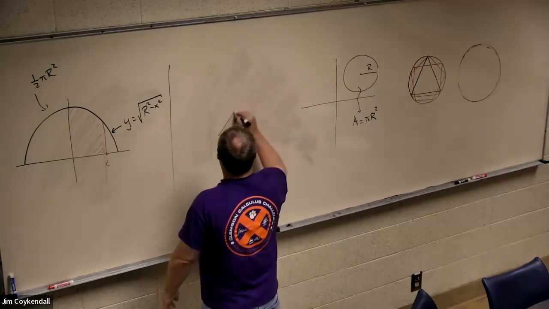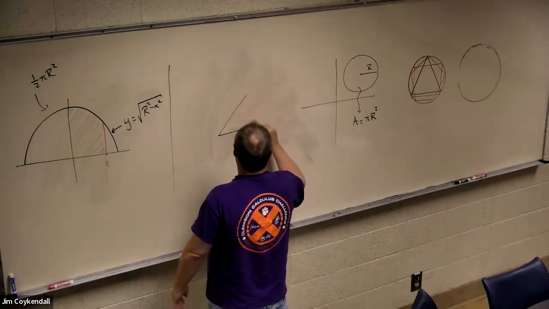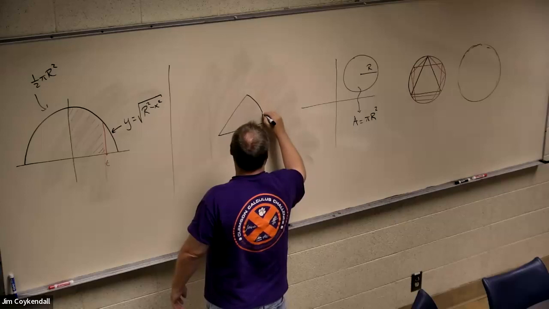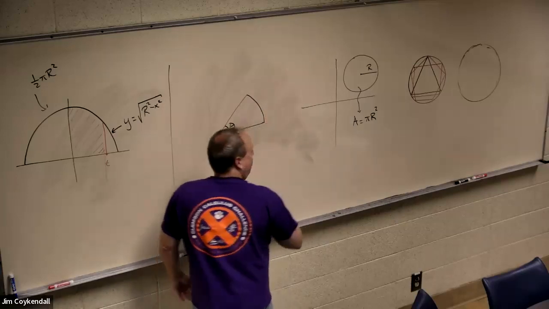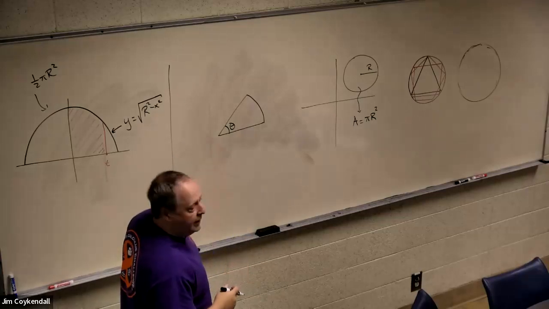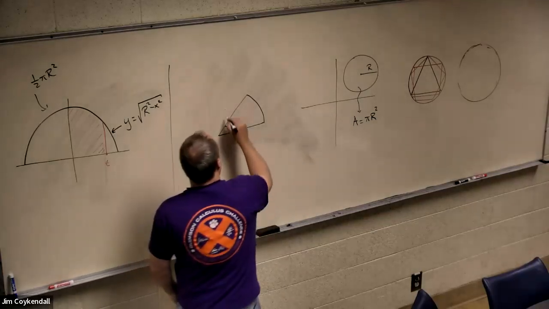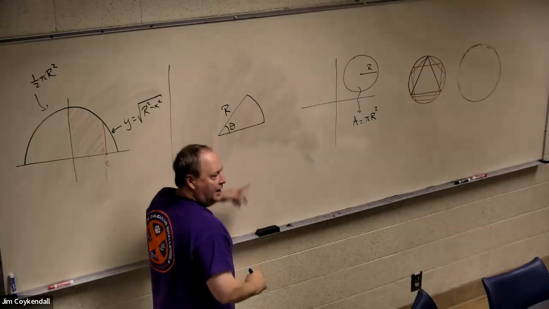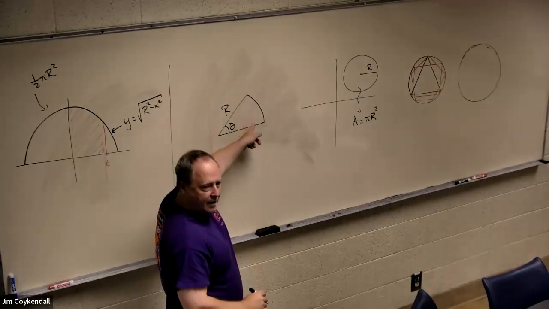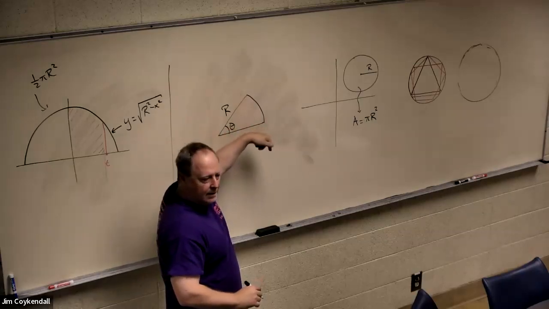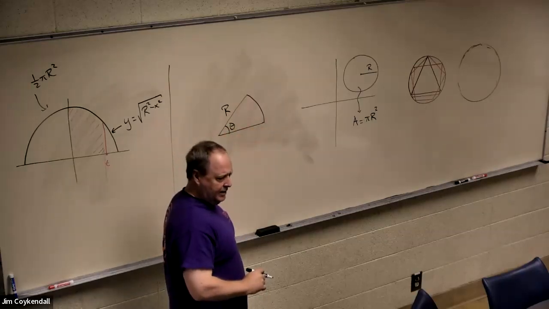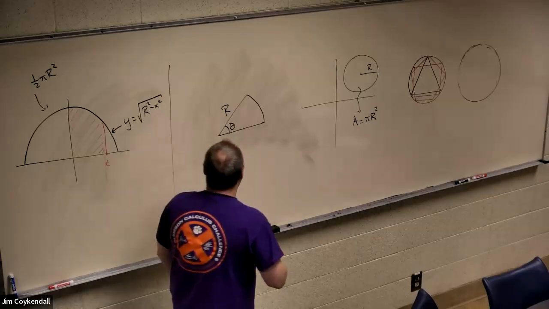Does anybody know what the area of a sector of the circle is? So let's suppose that I have a slice that I've taken out of the circle, and it's got angle theta, and we'll say it's got radius r. Do I know what this is? You're close.